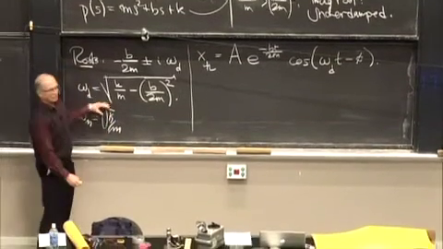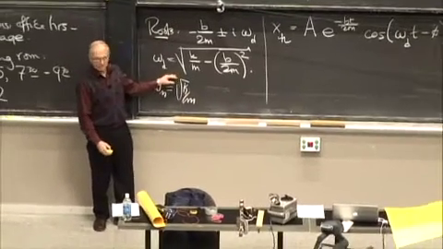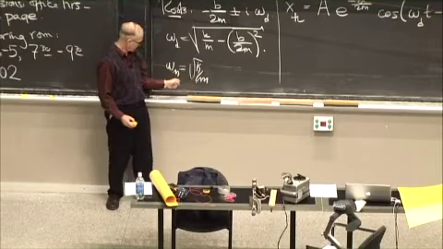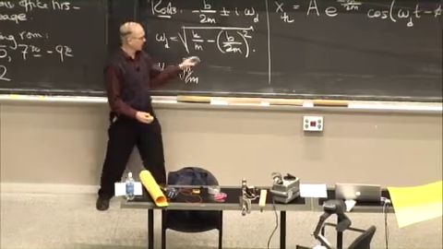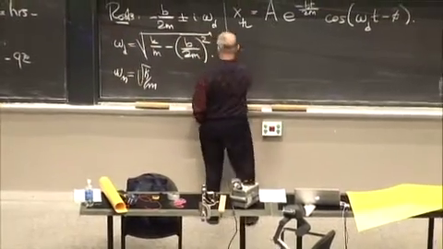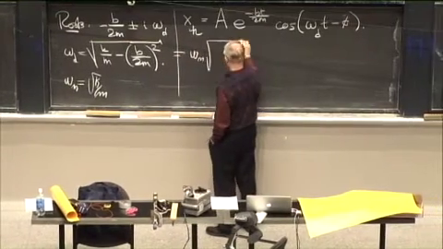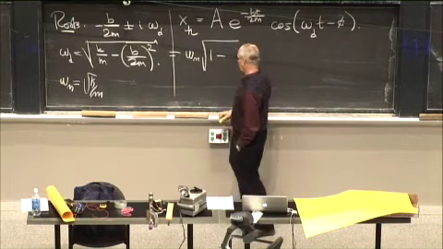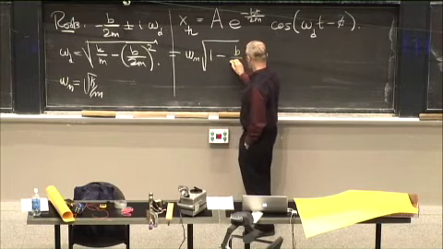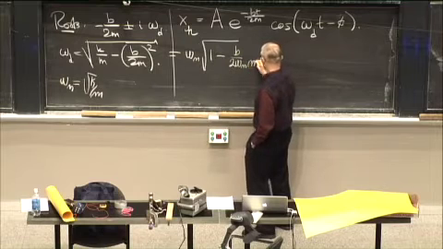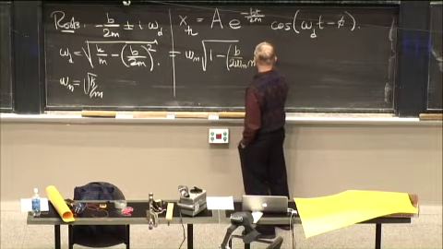Now, if I take this expression for the damped natural frequency and factor out this k over m, expressed as omega n, it will look like omega n times the square root of 1 minus b over 2 omega n m quantity squared.